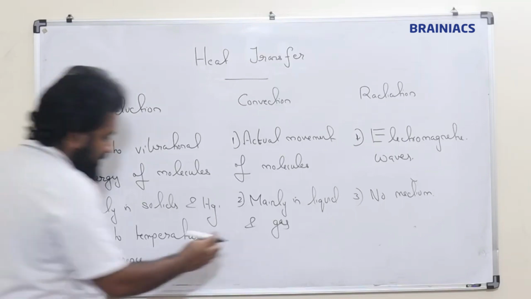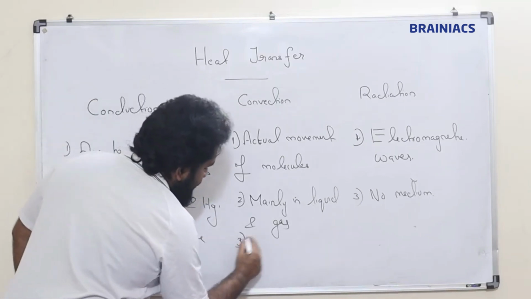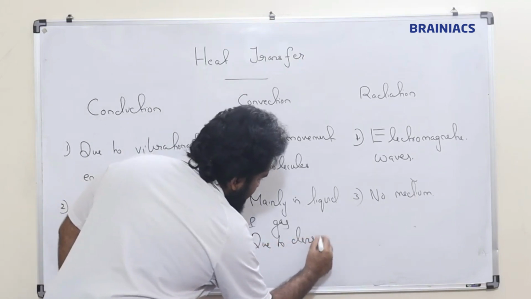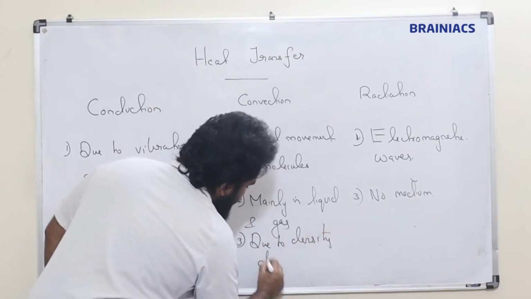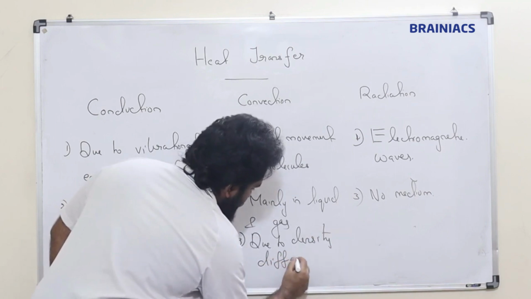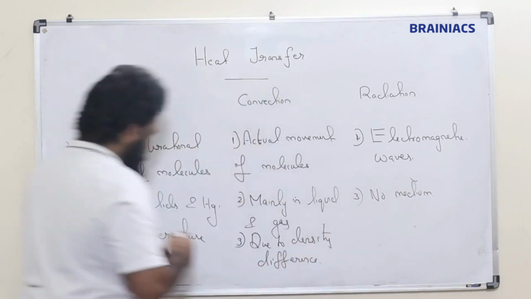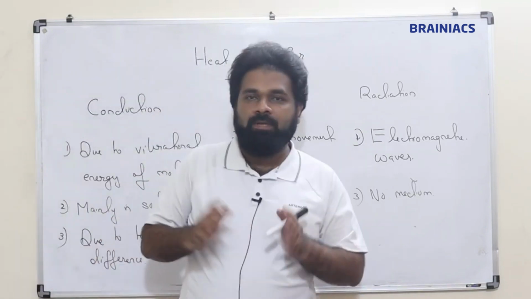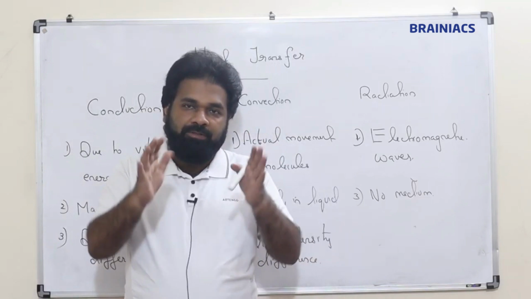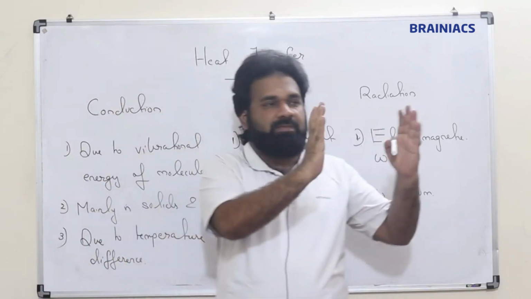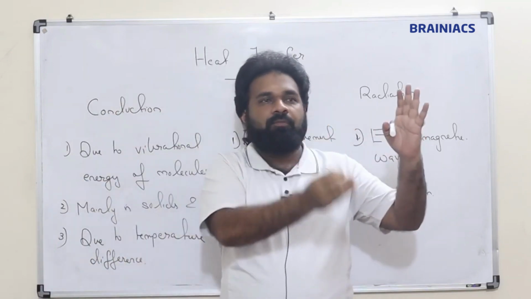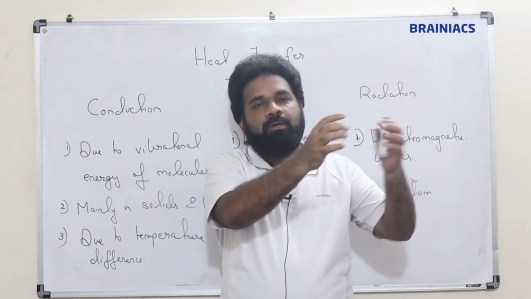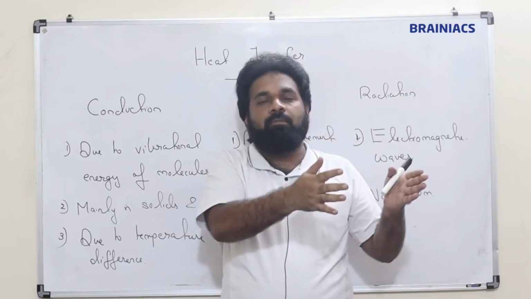What about convection? This is due to density difference. I already told you, when the temperature at one area is increased, the air molecules will expand and their density will come down.